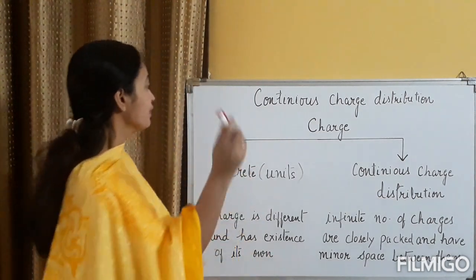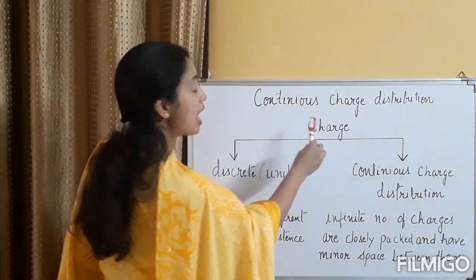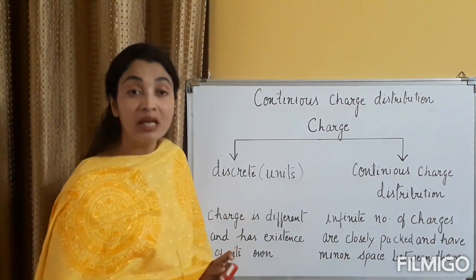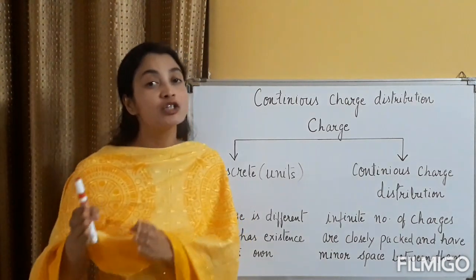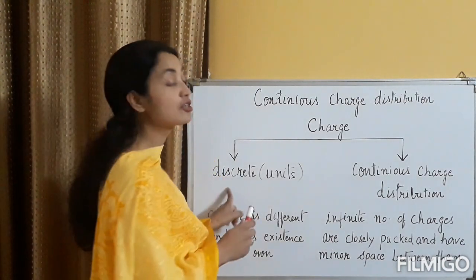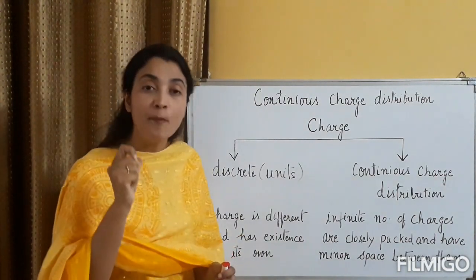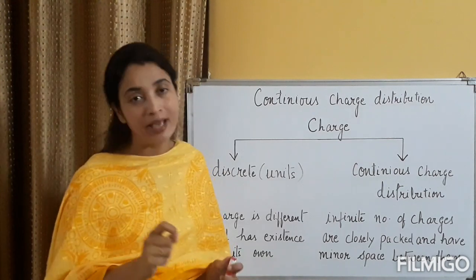distribution. So we will concentrate on the way charge can be found. It can be in the form of discrete packets or discrete units, which we call the discrete nature of charge, where the charge is able to maintain its individuality.